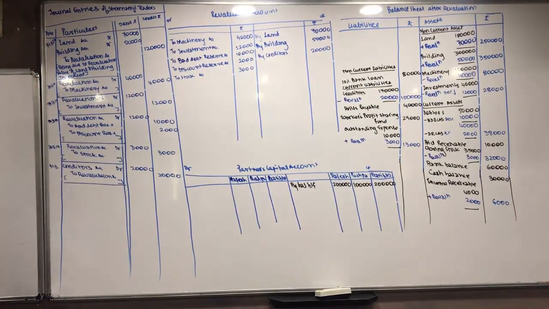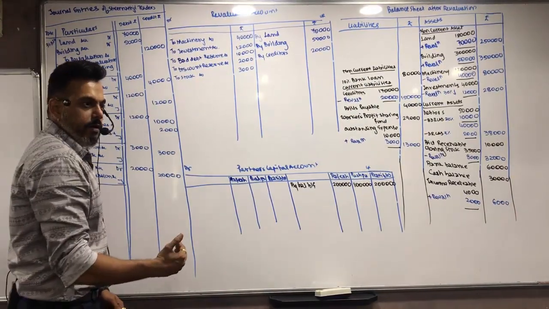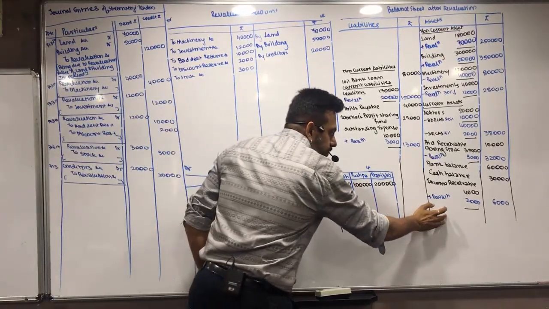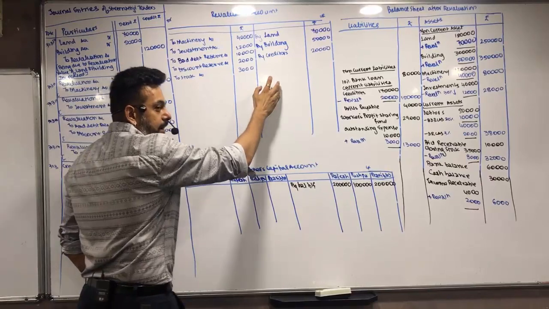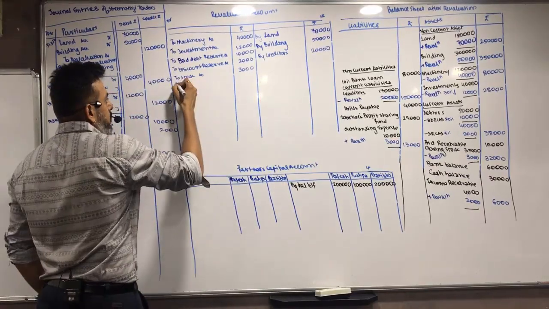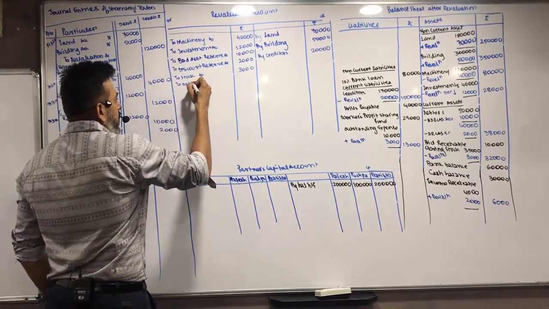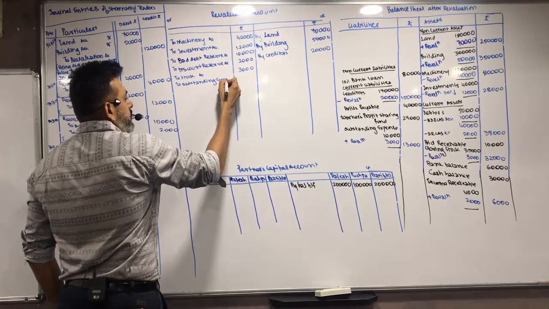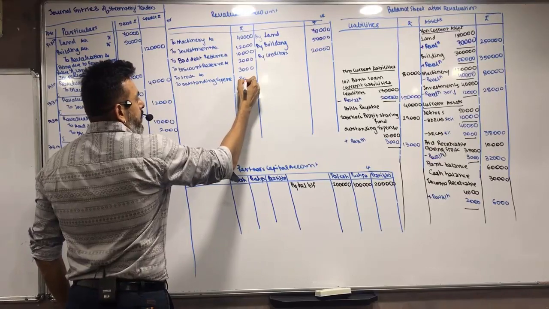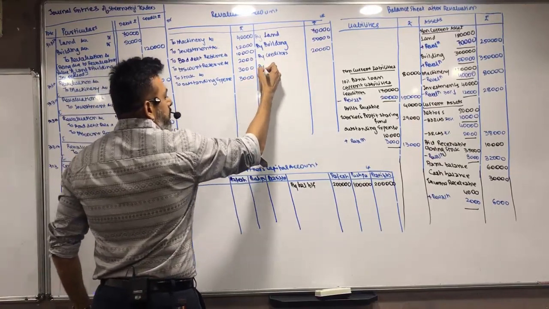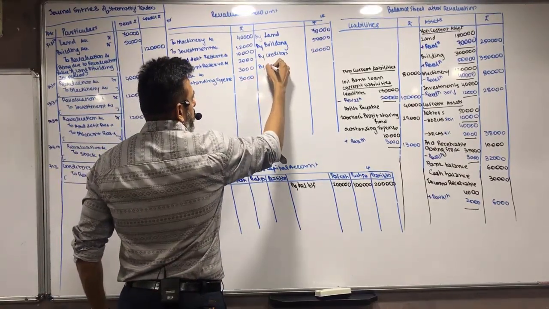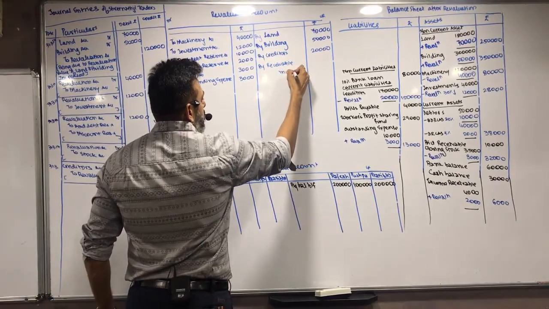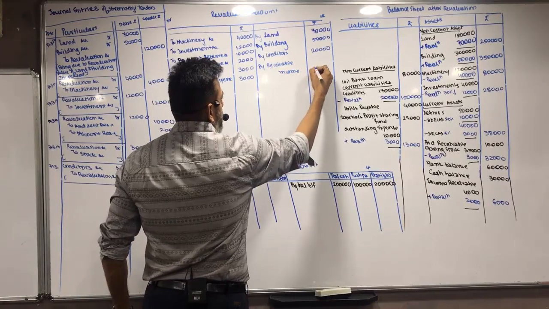Now there is increase in liability, so on the debit side, and there is increase in assets, so on the credit side. So outstanding expense 3,000 and receivable income 2,000.